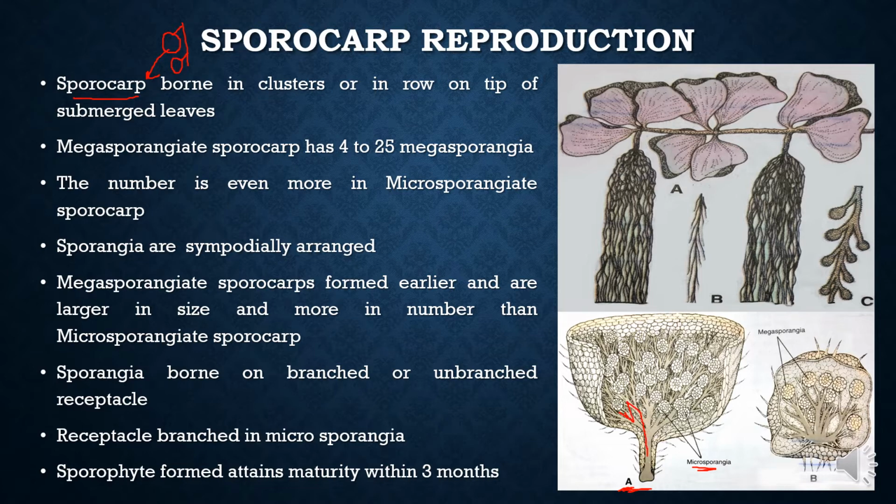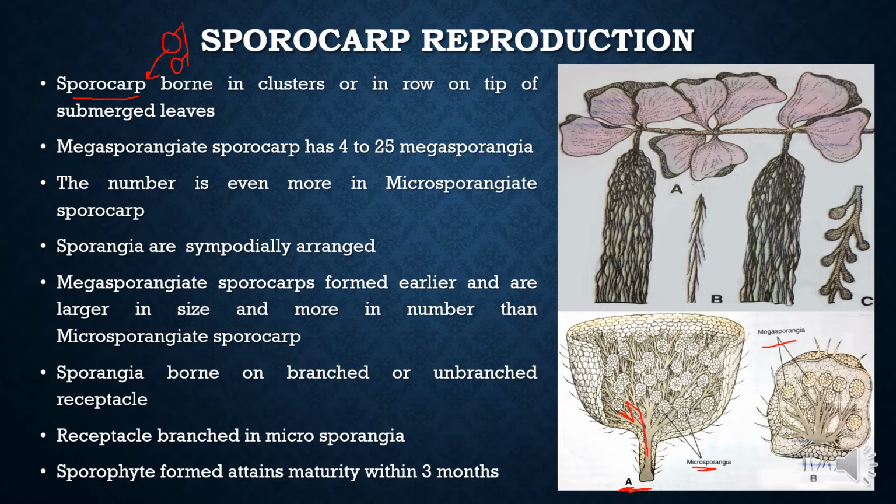We see that these are the branched receptacles which contain sporangia on their tips. And this branched receptacle is mainly provided with a vascular bundle and provides nutrients to the growing sporangia.